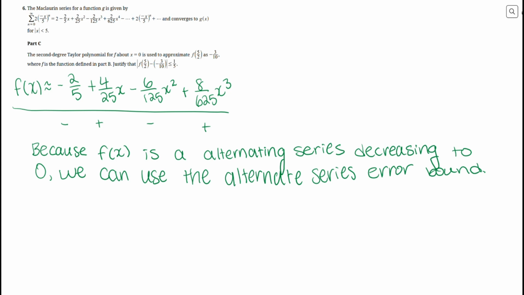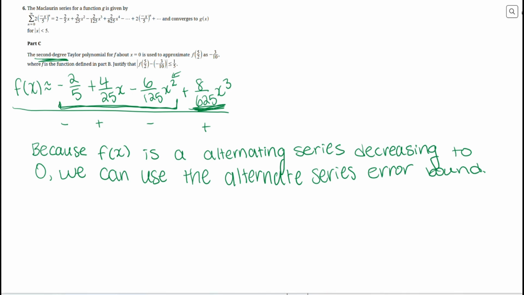Okay, now how do we do this? Well, it says using a second degree Taylor polynomial, they're approximating it. So that means they're using this function, or technically all three of these terms to approximate, okay? That means by the alternating series error bound, we just use the next term in the series that hasn't been used to approximate the value in order to find the error bound.